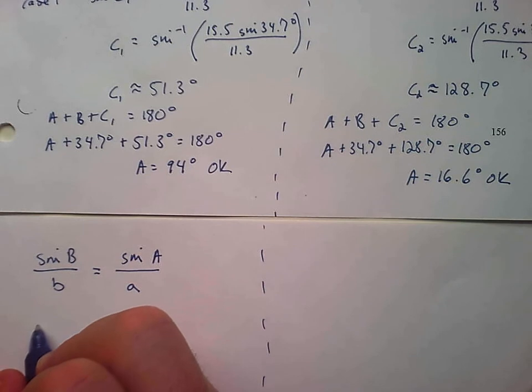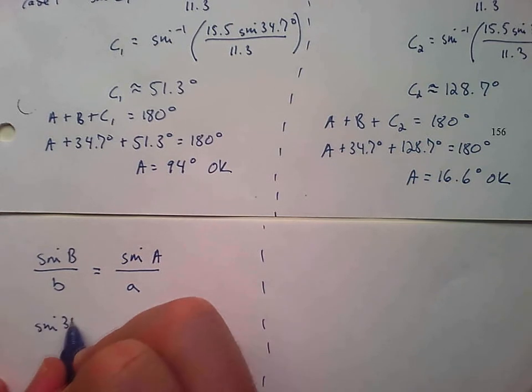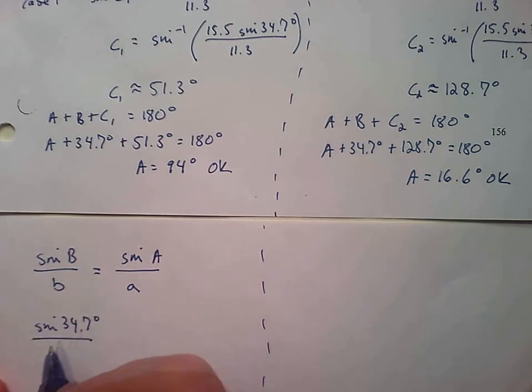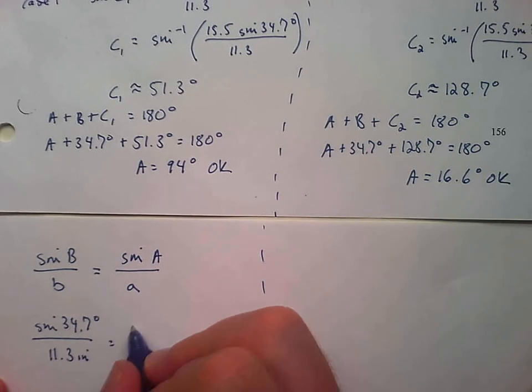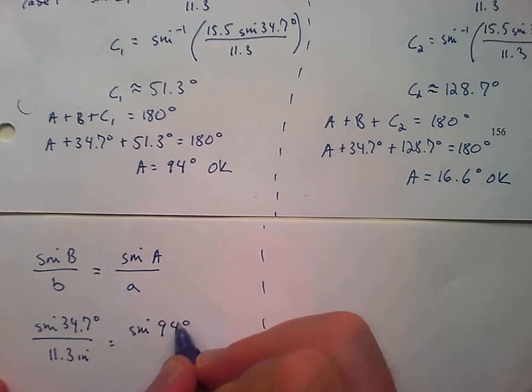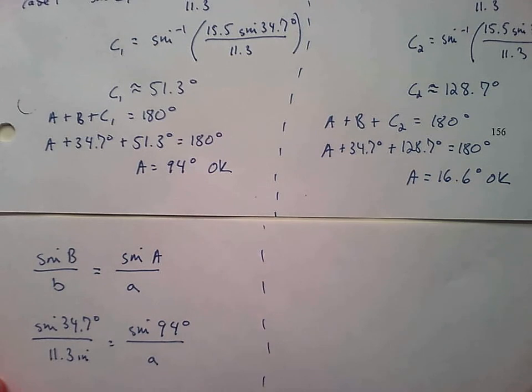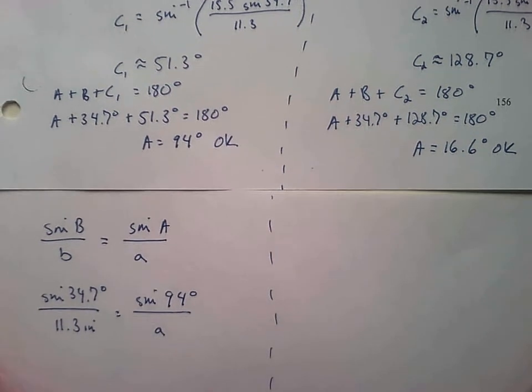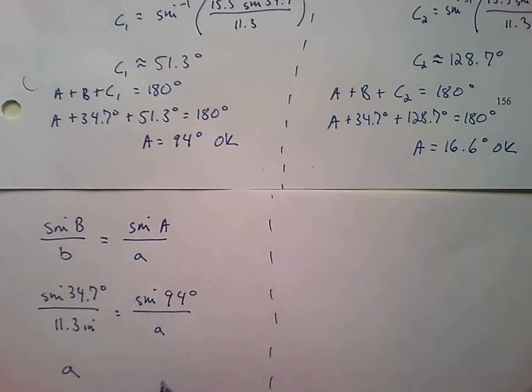So therefore we have that the sine of 34.7 degrees divided by 11.3 inches is equal to the sine of 94 degrees over A. If we solve for A, then this is equal to 19.8 inches.